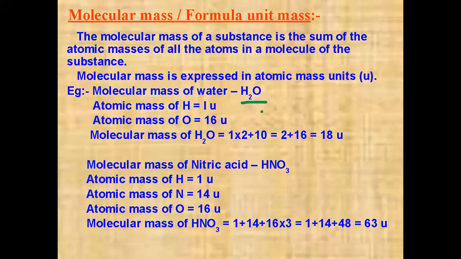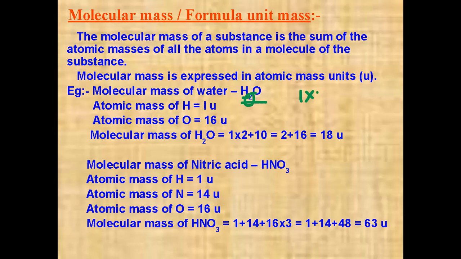Molecular mass of H2O is atomic mass of H into 2 plus atomic mass of O. The atomic mass of H is 1, into 2 because we can see 2 hydrogen atoms are there.